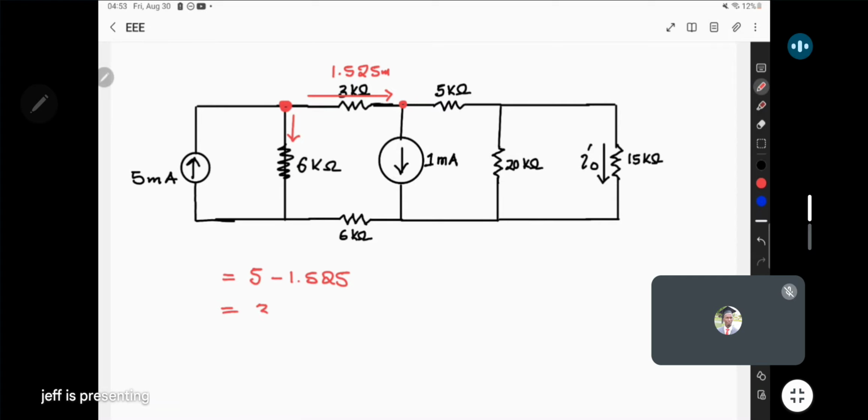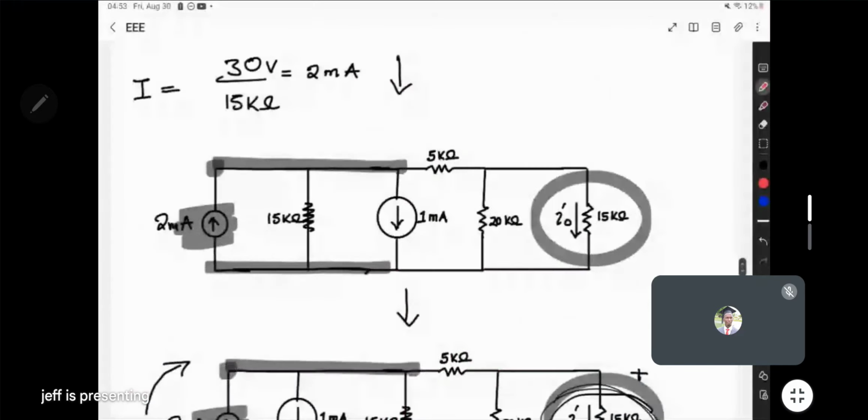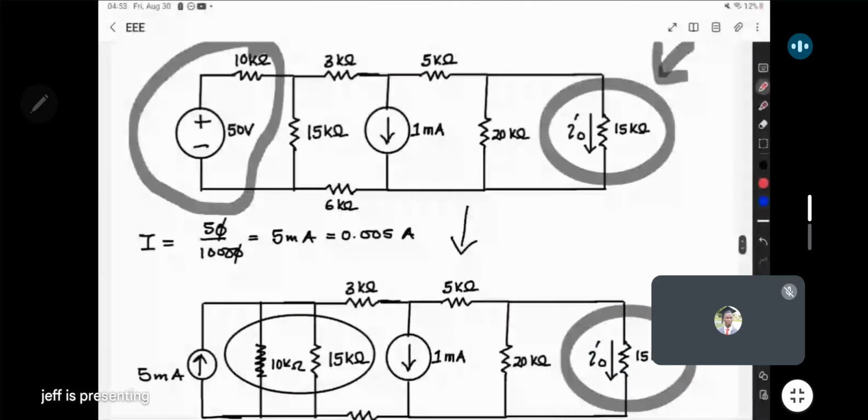So 3.475 milliamps. So here we have 3.475 milliamps. Okay, let's move back. So we're currently, where are we?